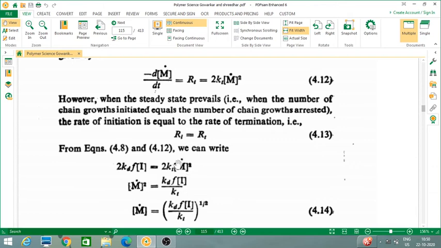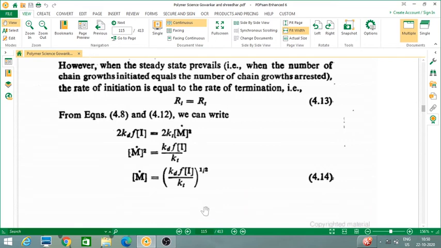So M star squared, taking it on the left hand side, all other terms on the right hand side, we get this. Now the square on the LHS goes to the RHS and turns into the power half.